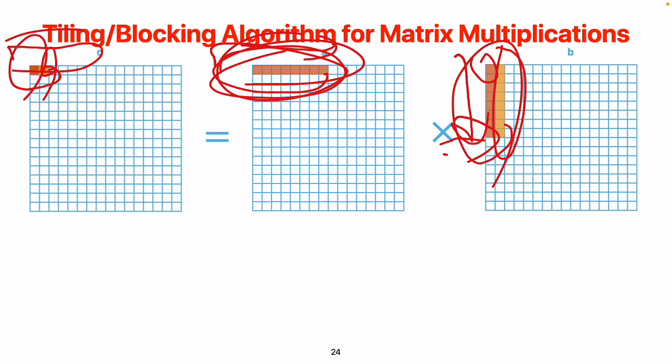But remember, this is our block boundary, so the next element to each column is actually already in your cache during the first compulsory misses. So this is going to be a hit, this is going to be a hit, and this is going to be a hit.